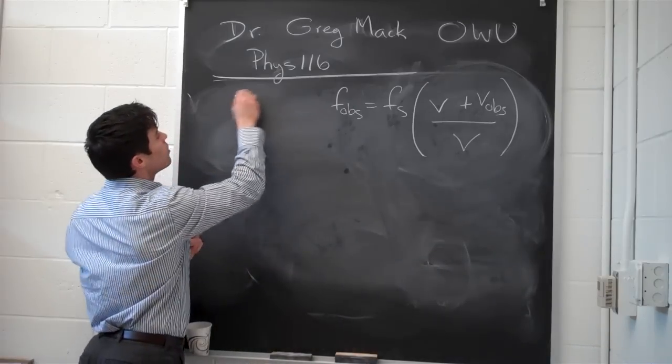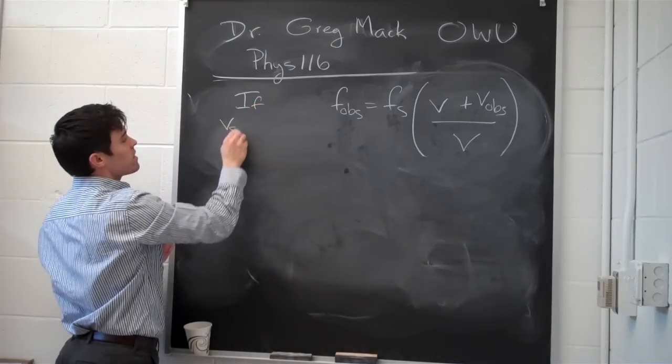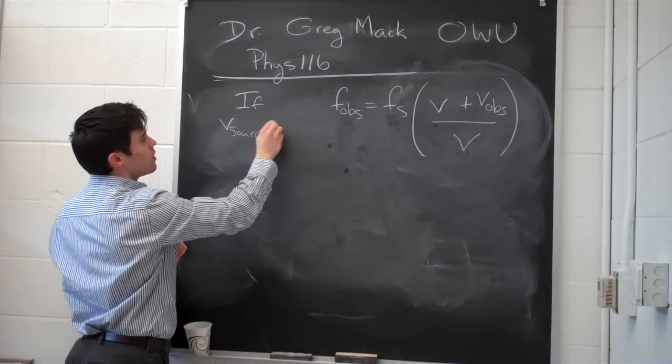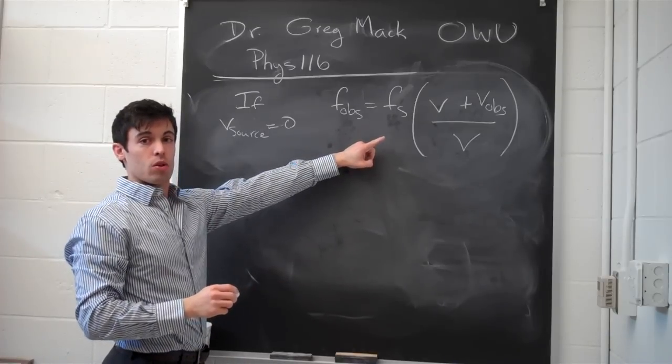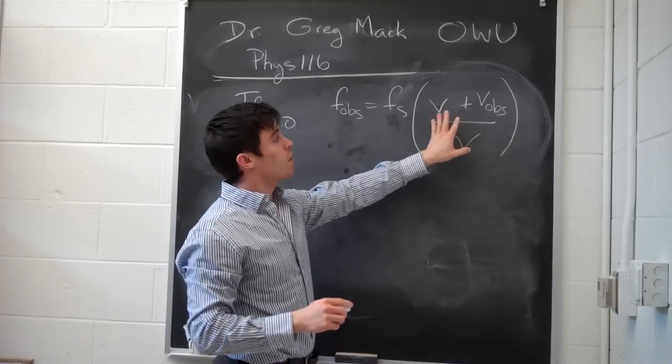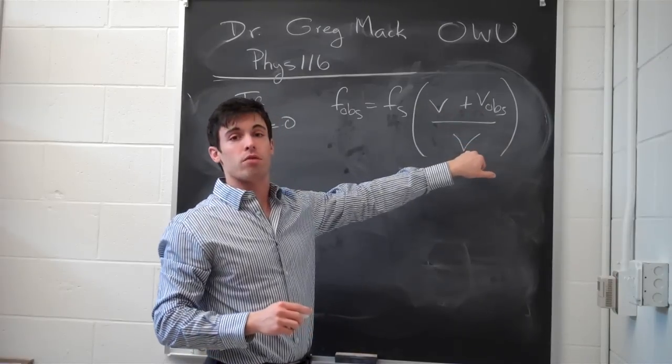Okay, so if V_s, or V source, equals 0, you get this. Okay, now let's look at this for a second. So we have V plus V observer divided by V.